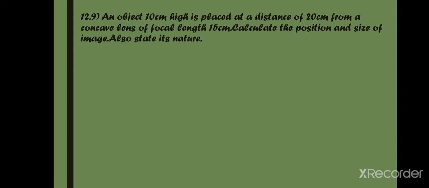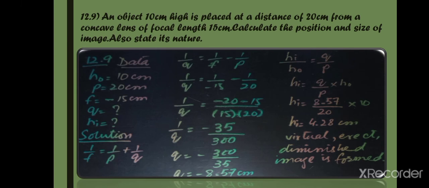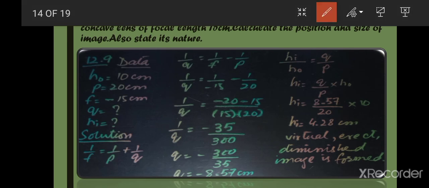Calculate position and size of image. Position means Q and size Hi is required. H naught is given. P, F, Q and Hi are required.